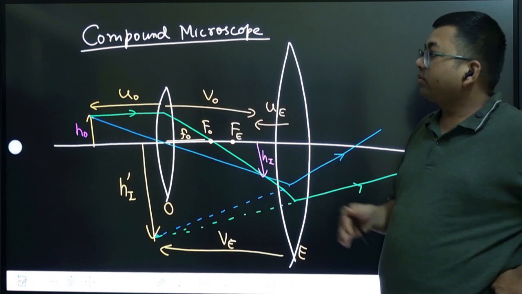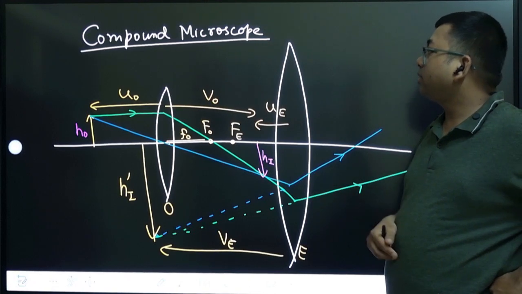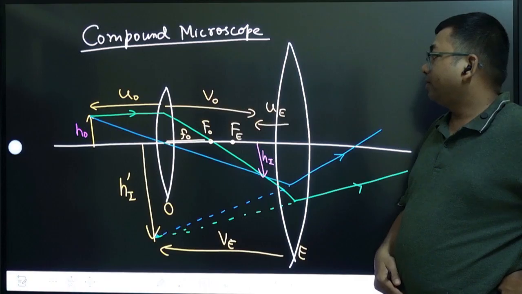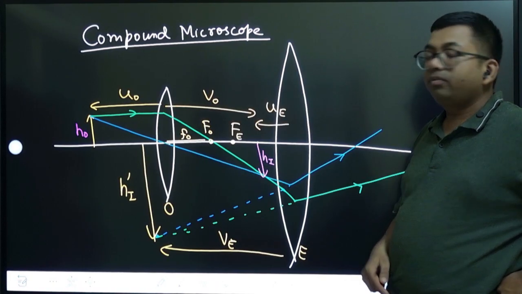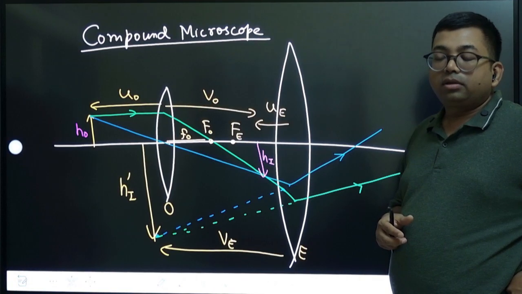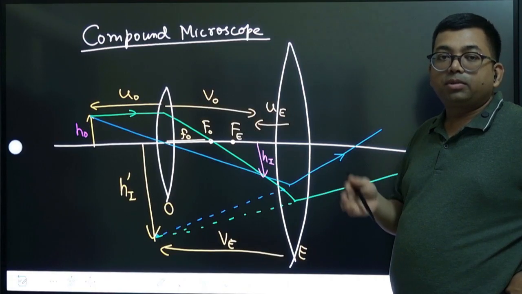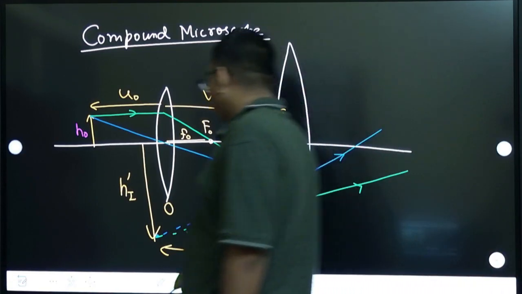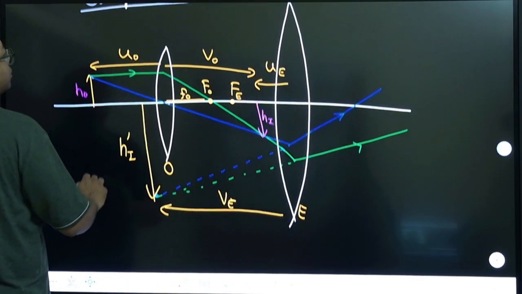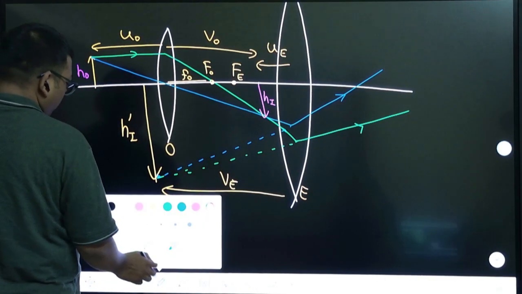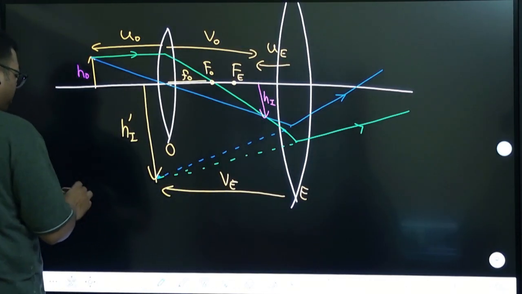So now here also two important cases are there: the case when we want the image at least distance of distinct vision, or we want the image at infinity. Okay, let's take these two cases. And how do we calculate the magnifying power here?